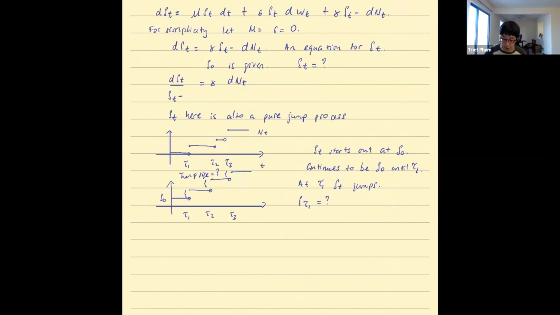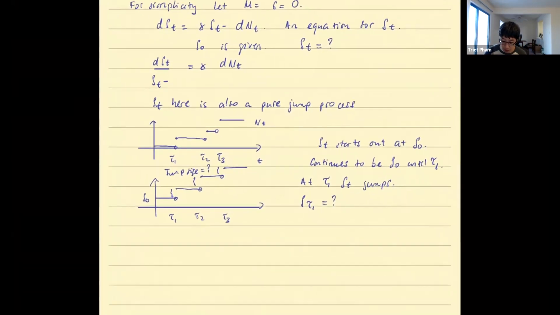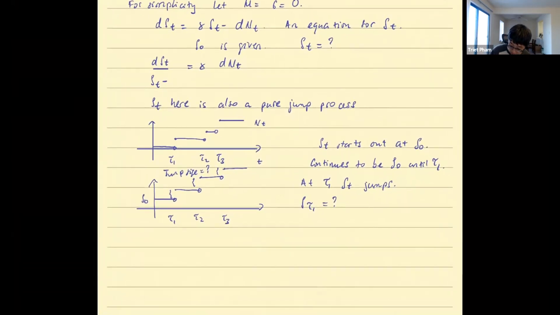So let's see, the recipe is completely given here. Remember, d represents the change. But what is the change of the stock price at tau 1? Well, the change at tau 1 will simply be this.